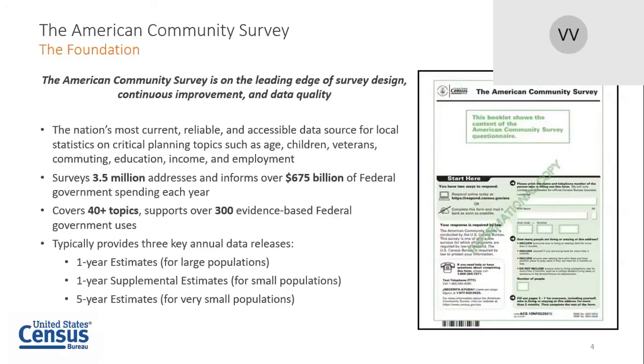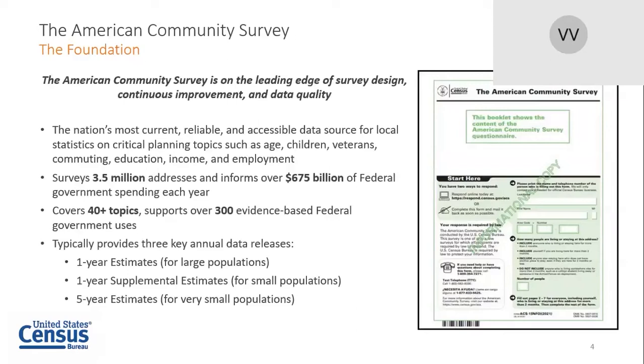So the ACS samples approximately 3.5 million addresses each year. These data are collected continuously throughout the year to produce annual social, economic, housing, and demographic estimates. The data collected through ACS are used to inform the distribution of more than $675 billion of federal government spending each year.